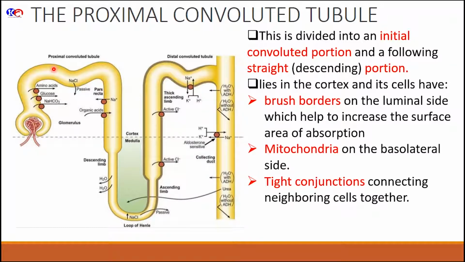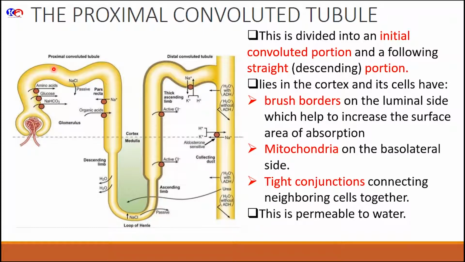That is energy for its functions. Then in between the cells, we have what we call tight junctions. It connects neighboring cells together. So briefly, that is what it is all about when it comes to the proximal convoluted tubule.